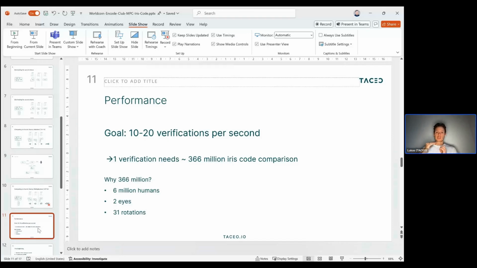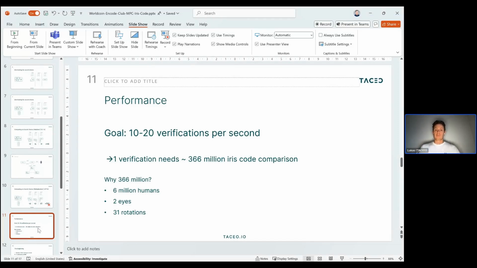Why is this number so huge? Because we have 6 million humans already in the database, we have 2 eyes, and there are 31 rotations you have to check. The TLDR is that otherwise it wouldn't be secure if we wouldn't do these 2 eyes and 31 rotations.